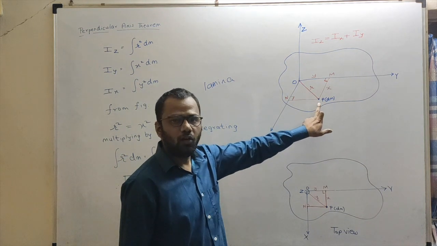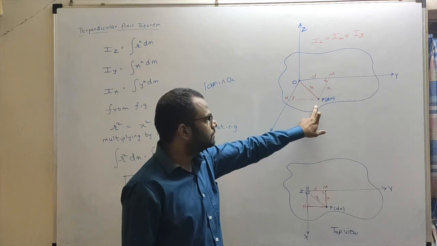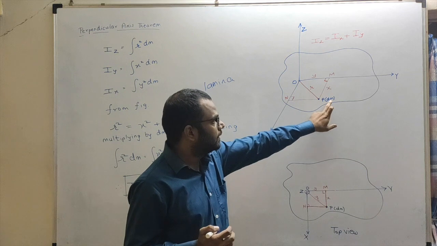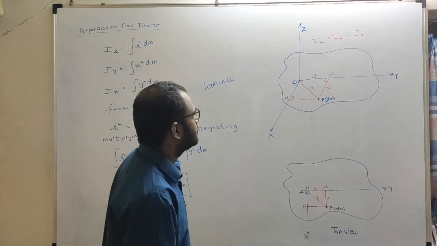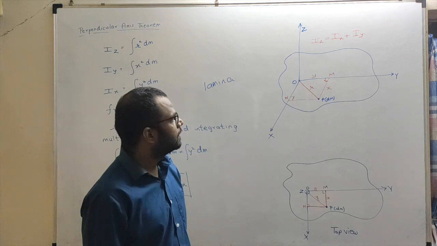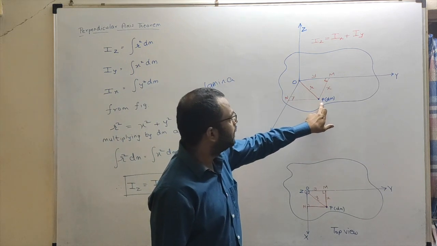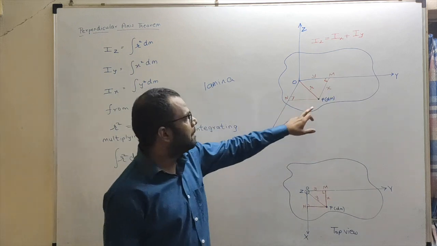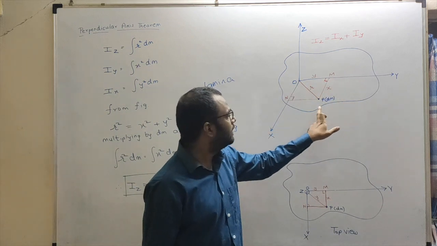Take a point P on the body. The particle at point P has mass dm. Join OP. Drop a perpendicular from P on the y and x axis. PM is perpendicular to OY.